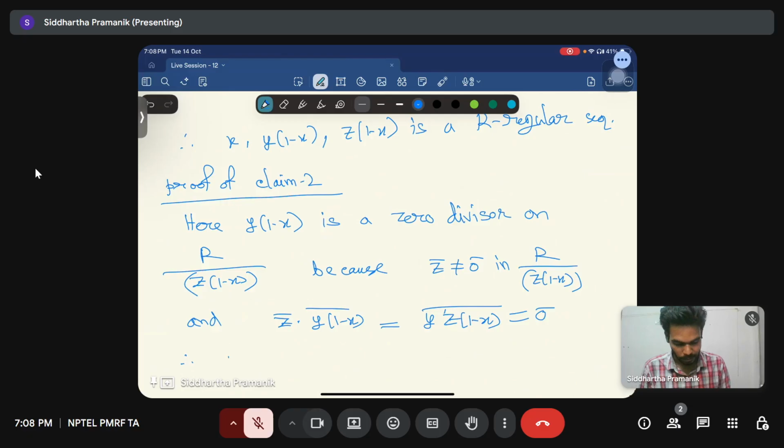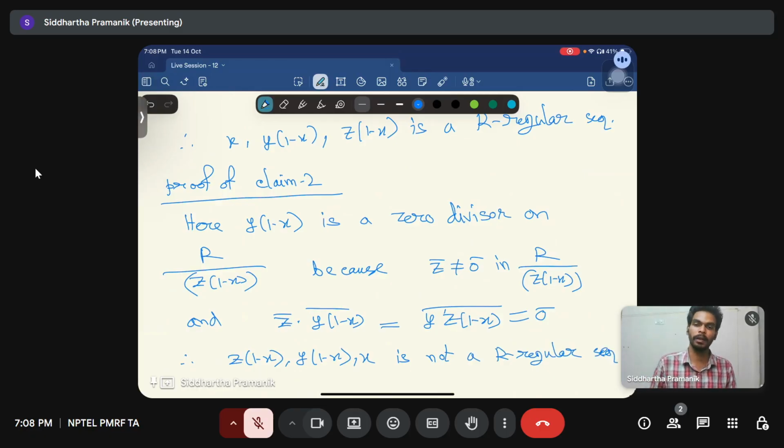So z times 1 minus x, y times 1 minus x, and x is not a regular sequence. So if we permute a regular sequence, we may not get a regular sequence. But there are sufficient conditions in those cases under which permuting a regular sequence gives a regular sequence.